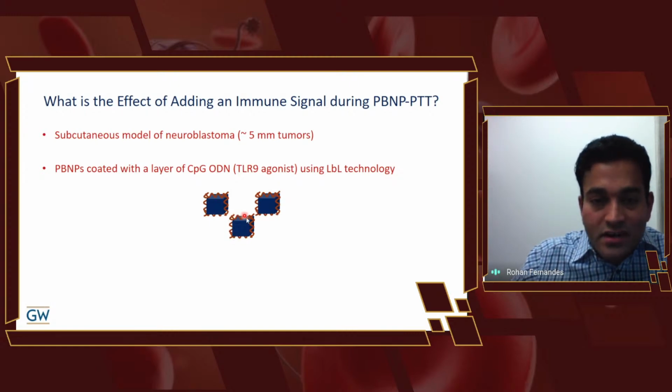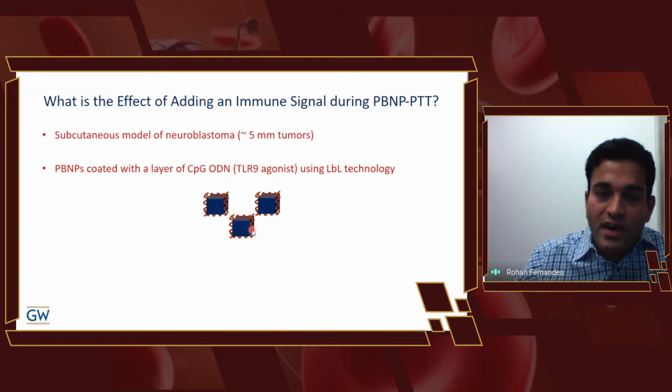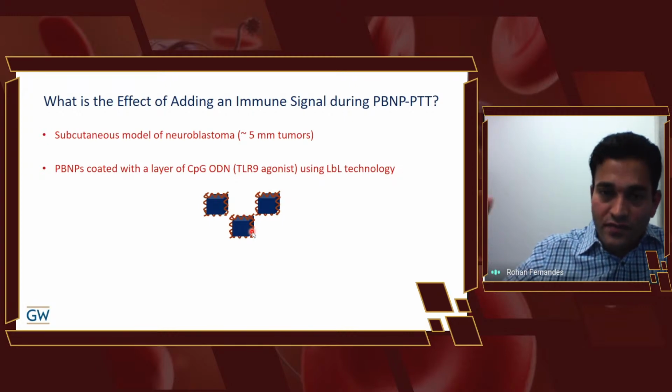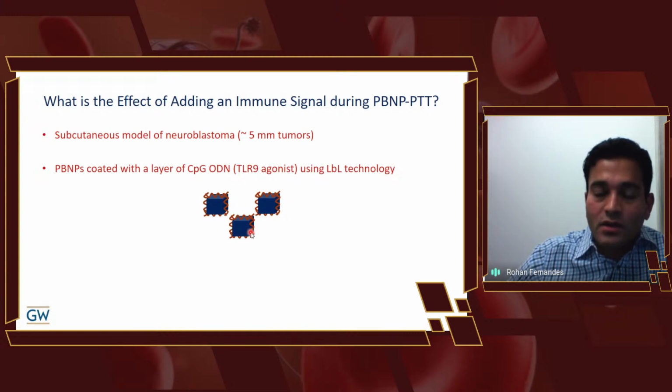So we use linear PEI as opposed to the branched PEI that is available, because linear PEI has a lower toxicity than branched PEI and a much easier synthesis profile. But as a result of decreasing toxicity and molecular weight, you also have decreased binding capacity of the nucleic acid. So that's a trade-off that you have to make when synthesizing your nanoparticles.